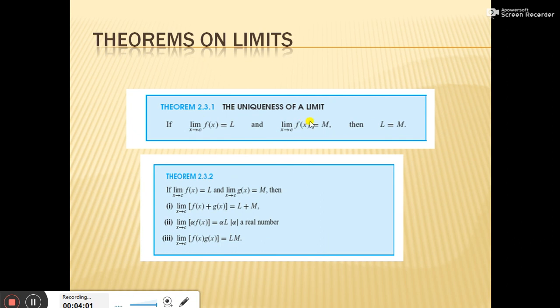And now we have the theorems on the limits. The first one is uniqueness, that means if limit x tends to c, f(x) is equal to L, and limit x tends to c, f(x) is equal to M, both are equal.